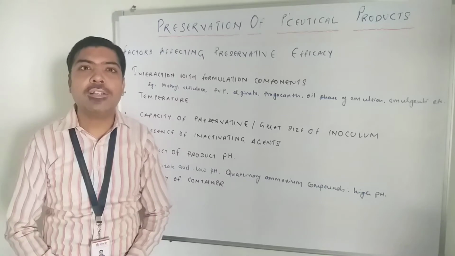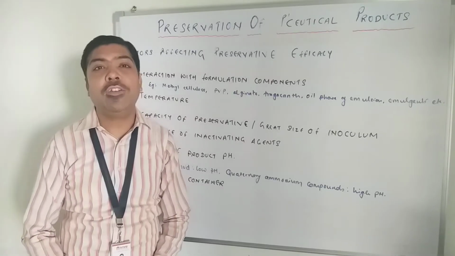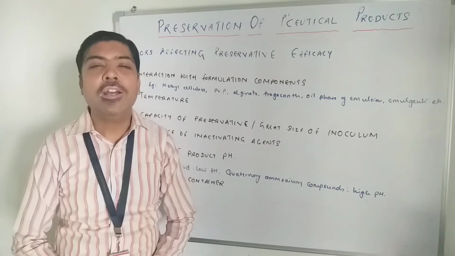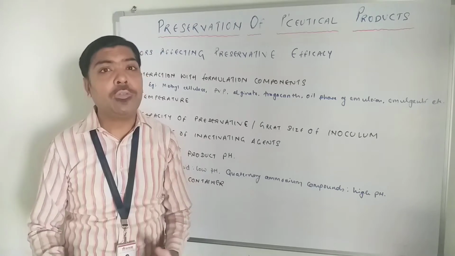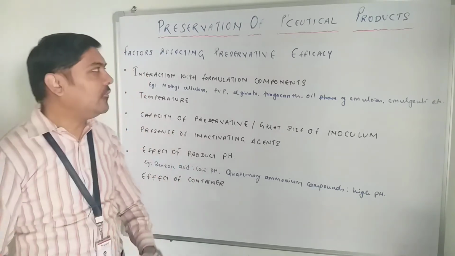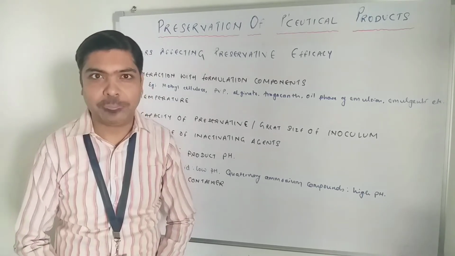We have also discussed various ideal properties of a preservative and different chemical classes of preservatives commonly used in any pharmaceutical preparation. So in today's video, we'll discuss various factors that affect the efficiency of a preservative.